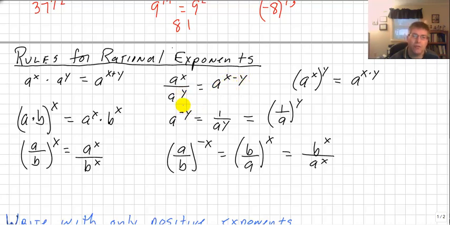Which leads us to this one right below it. If the absolute value of y is greater, or if y is greater than x, then we end up with a negative exponent. So a to the negative y is 1 over a to the y.